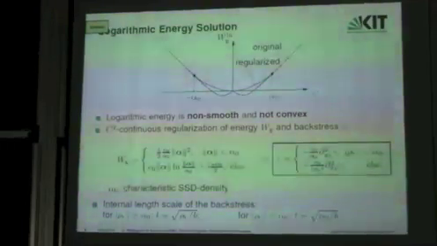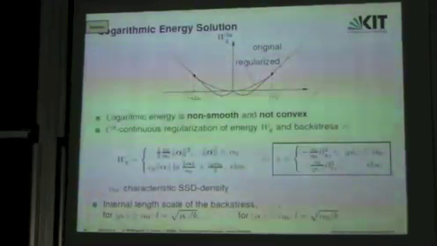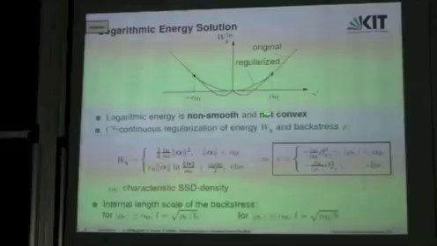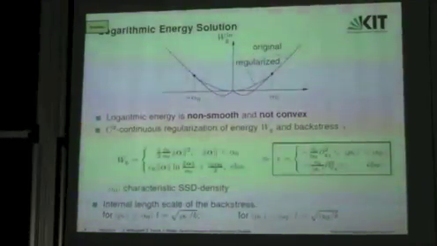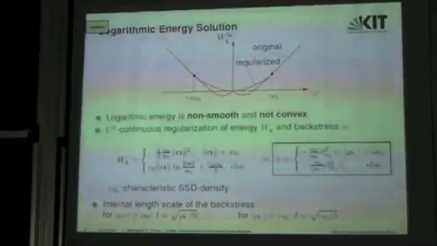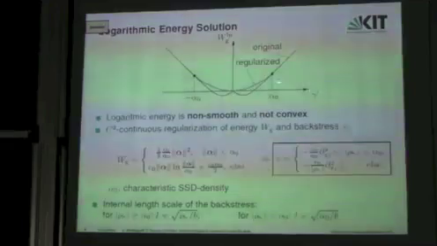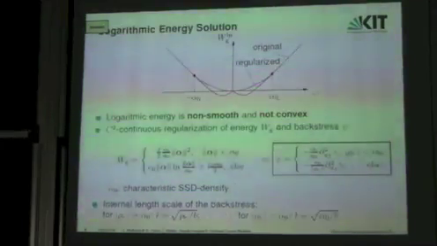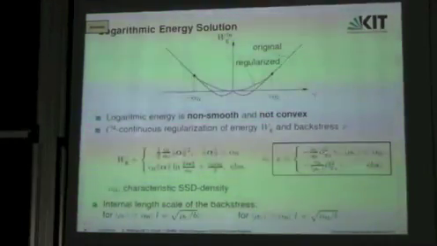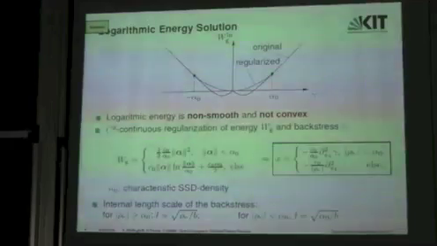Everything else is fixed, so you have a Burgers vector and elastic moduli in there, but that's really the only free parameter of your energy, and this parameter needs a certain interpretation. And interestingly, if you interpret alpha 0 as a characteristic value of your statistically stored dislocation density, then you get a really nice interpretation.